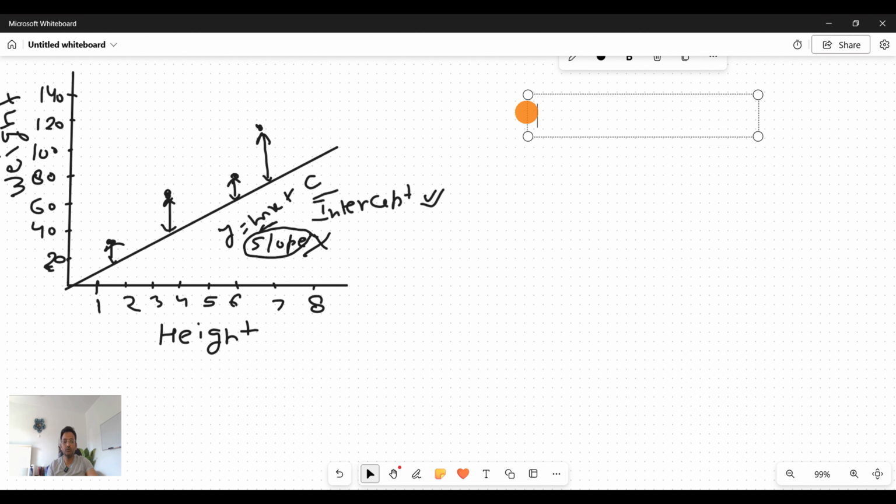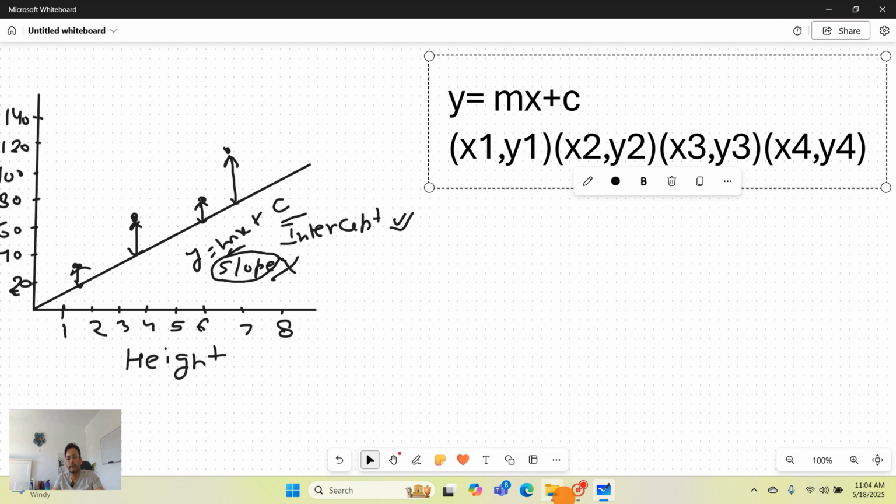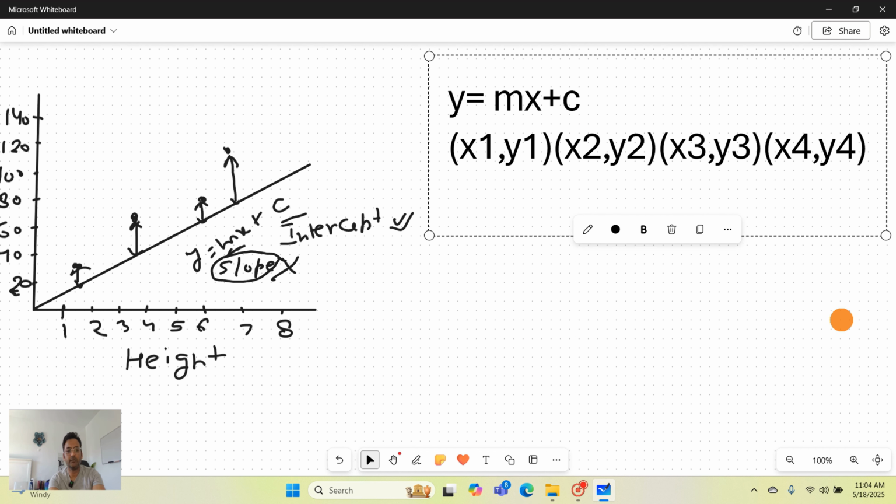So we have y = mx + c. That's our equation. And our data point 1 is, let's say, (x1, y1), then (x2, y2), (x3, y3), and (x4, y4). So how do we see the error? We draw a line.